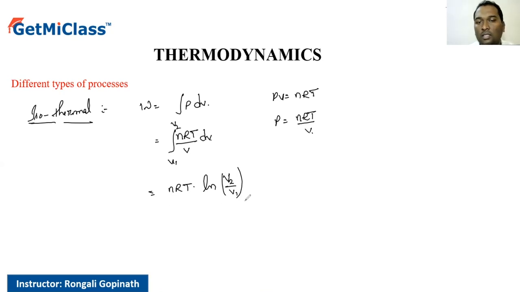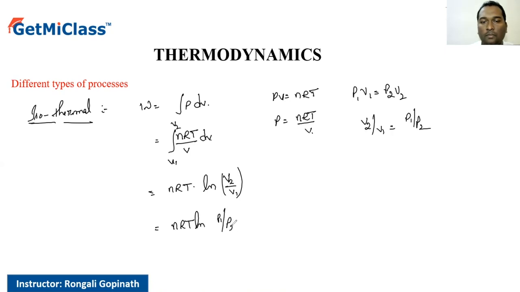The same thing can also be written using P1 V1 equals P2 V2, because PV equals constant in an isothermal process, so V2 by V1 is nothing but P1 by P2. Substituting that, we have nRT into ln P1 by P2. This is the work done in an isothermal process.